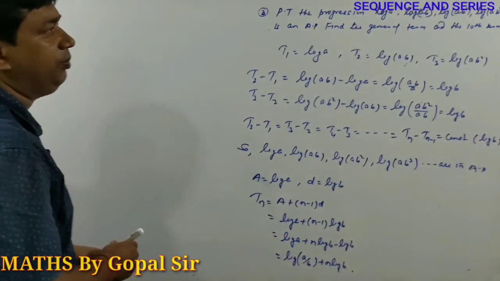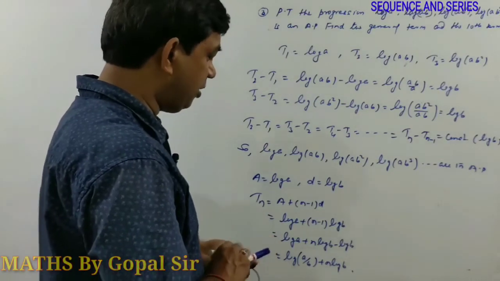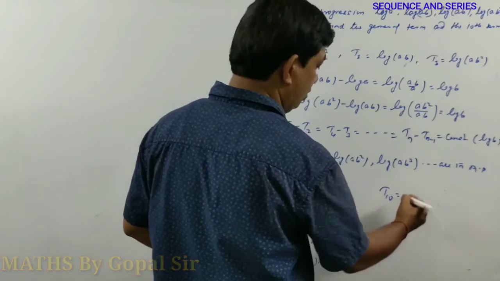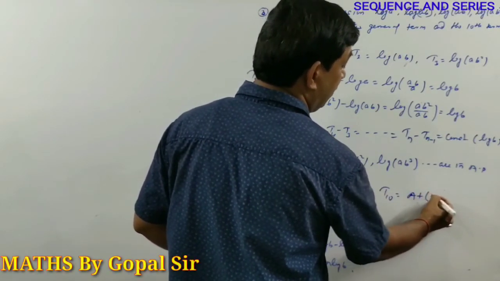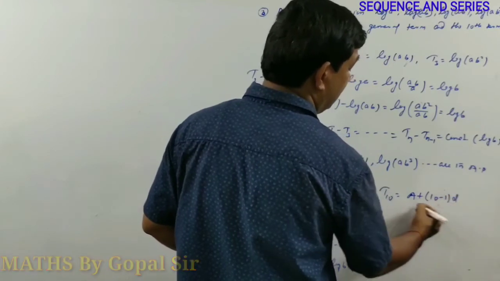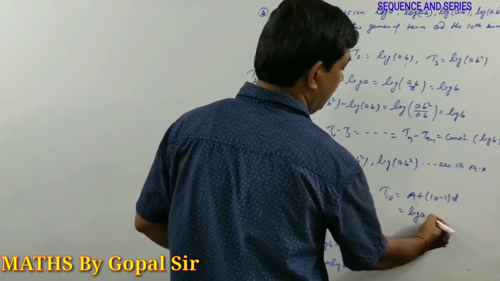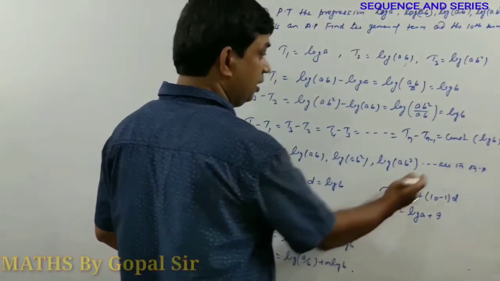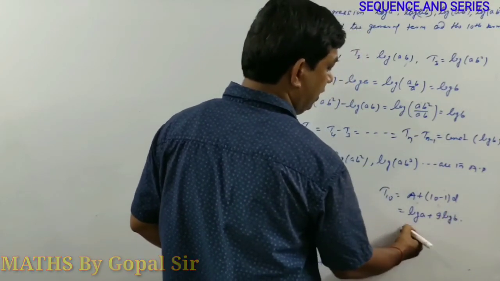After finding the nth term, we have to find the 10th term. T10 is equal to a plus 10 minus 1 into d. That is, a means log a plus 9, and d means log b. So this is the 10th term.